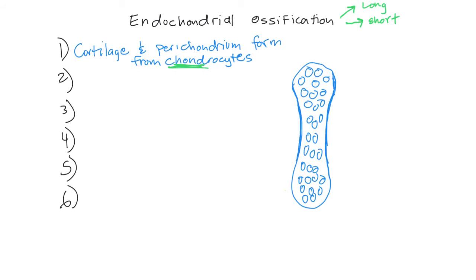A chondroblast is a cell that's making cartilage matrix. We start with a hyaline cartilage scaffold of our bone filled with chondrocytes.